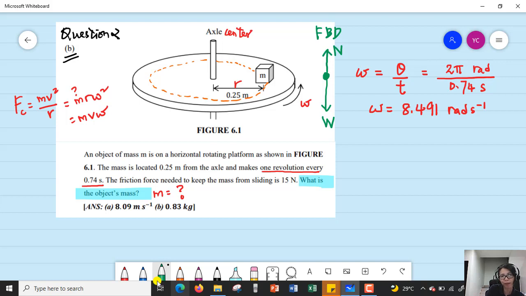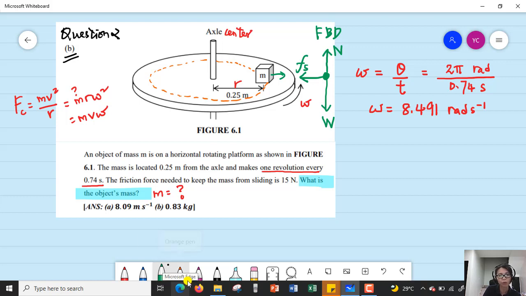It means that we want to prevent this mass from sliding away from the rotating platform. So we have a friction force that will prevent the mass from moving out of the rotating platform. The mass tends to be thrown outward, so friction must act inward, towards the axle. So we have static friction towards the center of the platform, so that it will rotate and will not be thrown off.